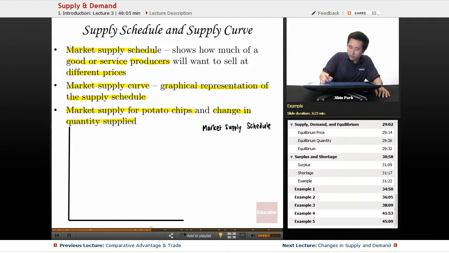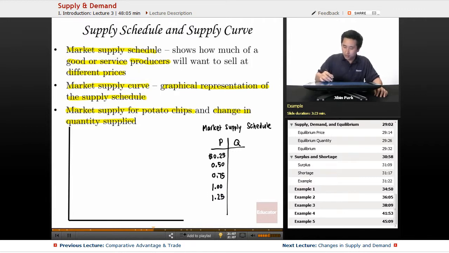And let's go ahead and use very similar prices that we used when we did a market demand schedule for potato chips here. So you have price and you have quantity here. So let's start off with 25 cents, 50 cents, 75 cents, $1, and $1.25 here.